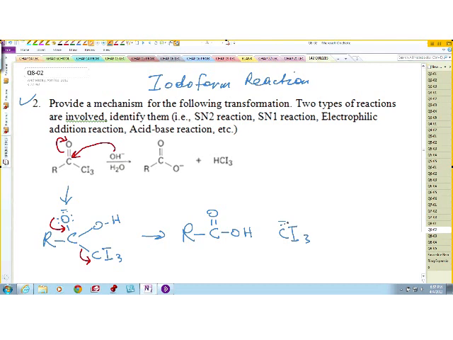You get that? Okay? And then what happened after that? Okay, this here picks up the proton from here, acid-base reaction. Very good.